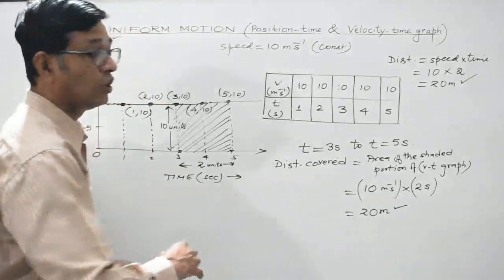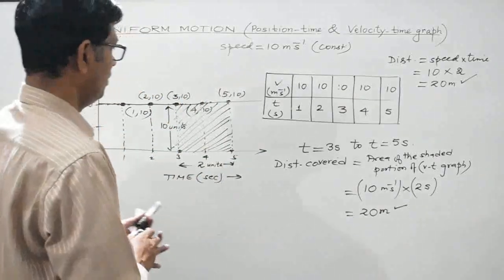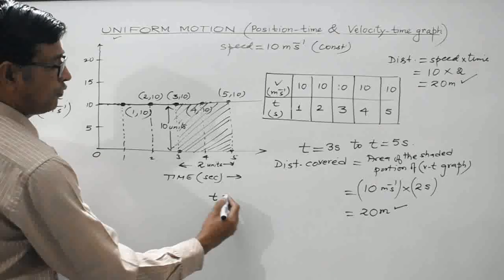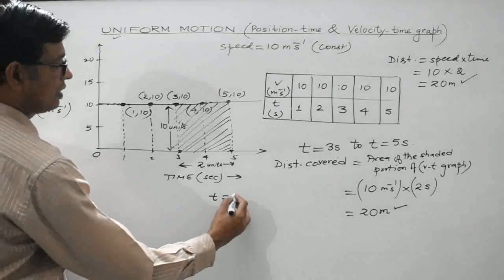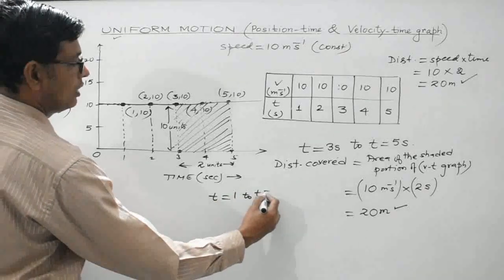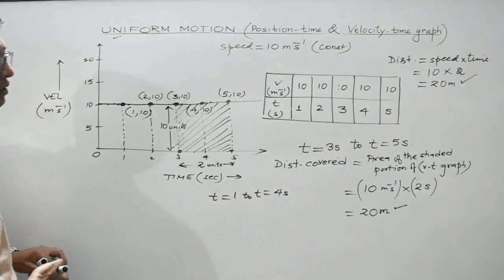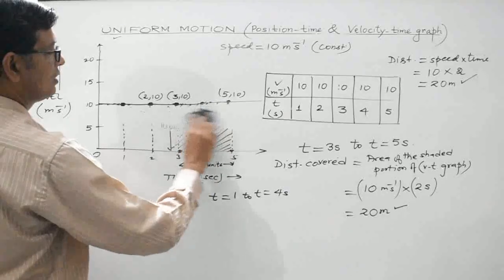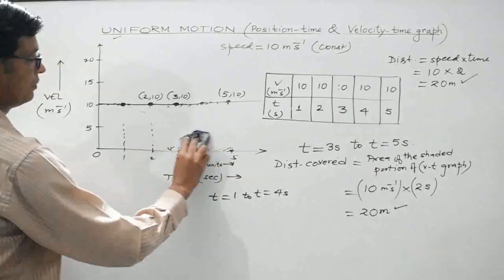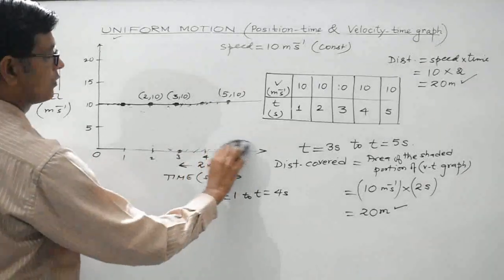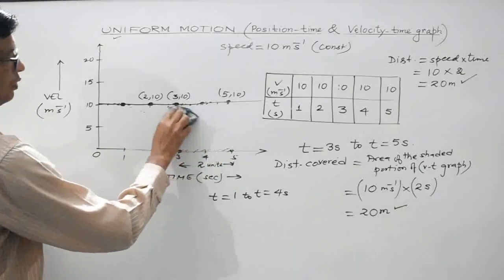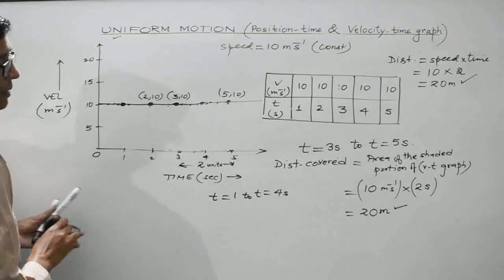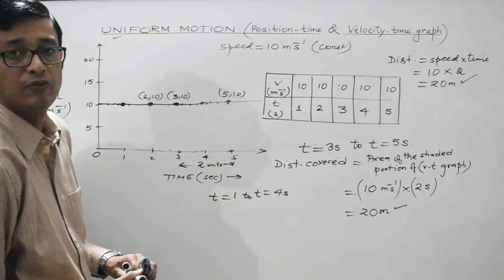In order to convince you again, let's take another example. Let us consider we need to find out the distance covered by the body between t equals to 1 to t equals to 4 seconds. During this time interval, we are supposed to get the result. So let's see how to proceed. So we are going to find out the distance or displacement in the time interval t equals to 1 to t equals to 4 seconds.